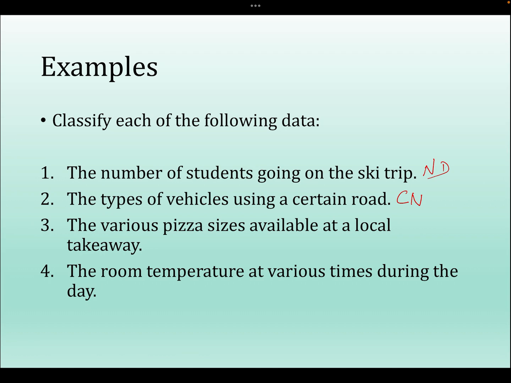Probably not. Nominal. Various pizza sizes available at a local takeaway: small, large, medium. Perhaps you can see that this is categorical, and there is some sort of order, so ordinal. Room temperature: numerical, and of course it is continuous.